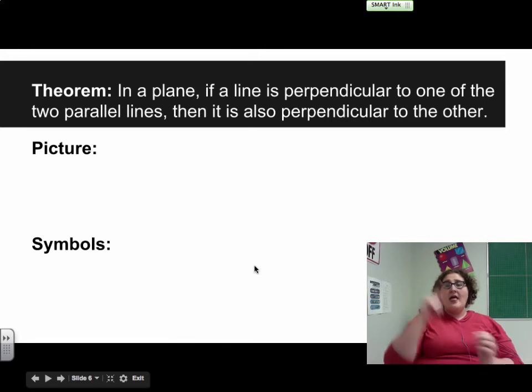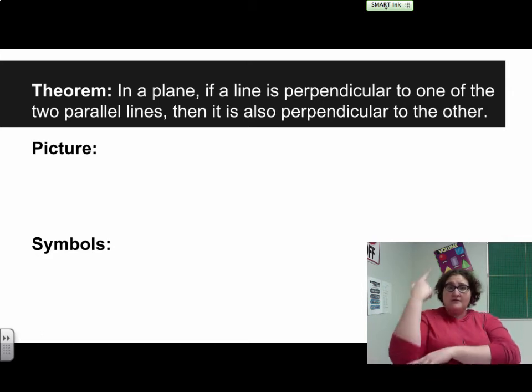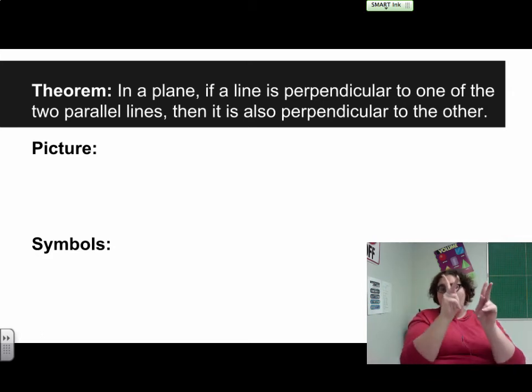Theorem says in a plane, if a line is perpendicular to one of the two parallel lines, then it's also perpendicular to the other line.